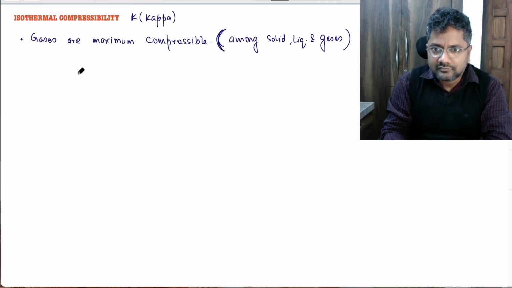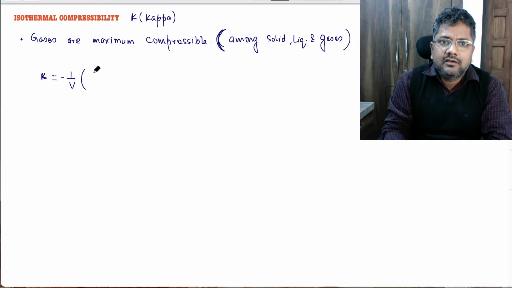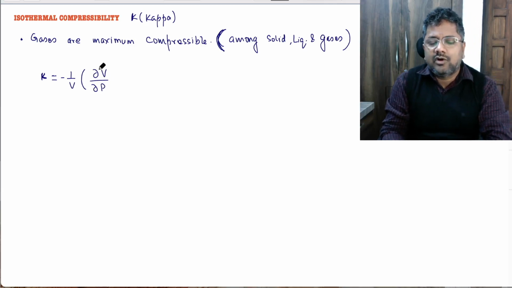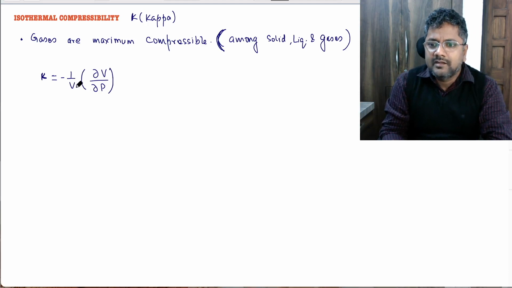Kappa is equal to 1 by V into del V by del P, the change in volume per unit change in pressure, and this whole is divided by total volume, which means this is the fractional change.